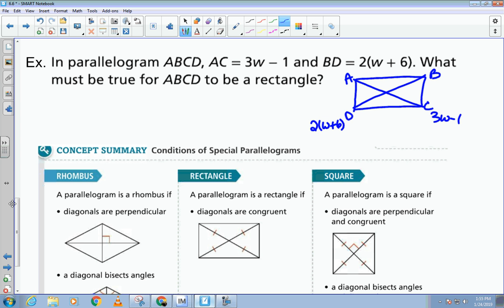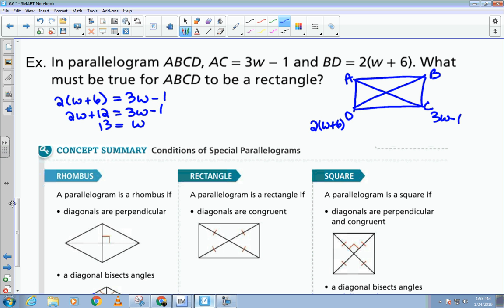What must be true for ABCD to be a rectangle? Those diagonals have to be equal. So you're going to set 2 times w plus 6 equal to 3w minus 1. So that's 2w plus 12 equals 3w minus 1. So I end up with w equals 13.